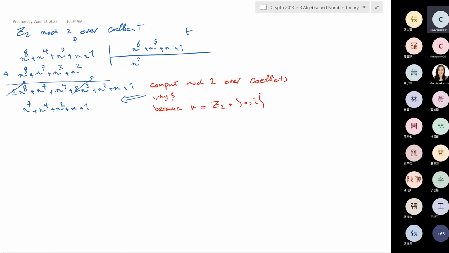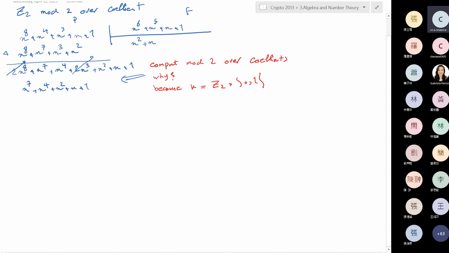And then we continue. x^7 is greater than x^6, so we have to continue. We have to match them, so we multiply everything by x. We get x^7 + x^6 + x^2 + x.